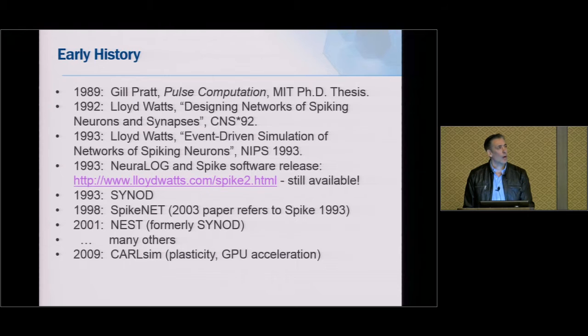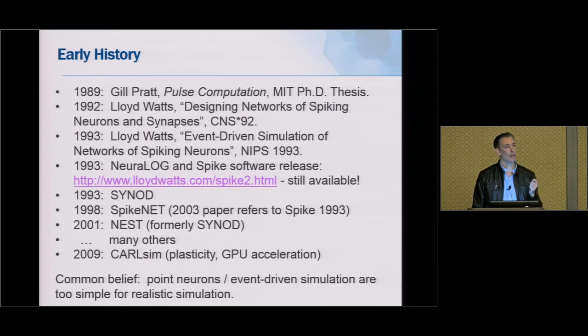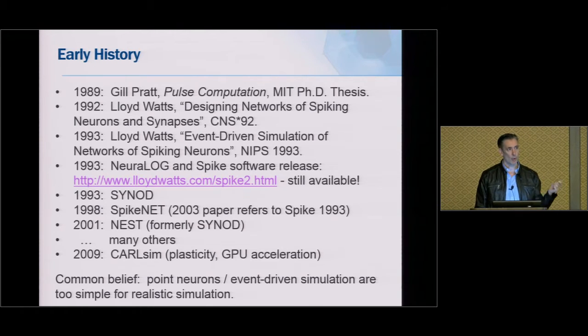So what I wanted to show you was the thing that motivated me from Karl-Heinz's talk about Eugene's set of canonical neuron patterns. The question is, can that be simulated by an event-driven simulator that has a point neuron primitive and does not do differential equation solving?